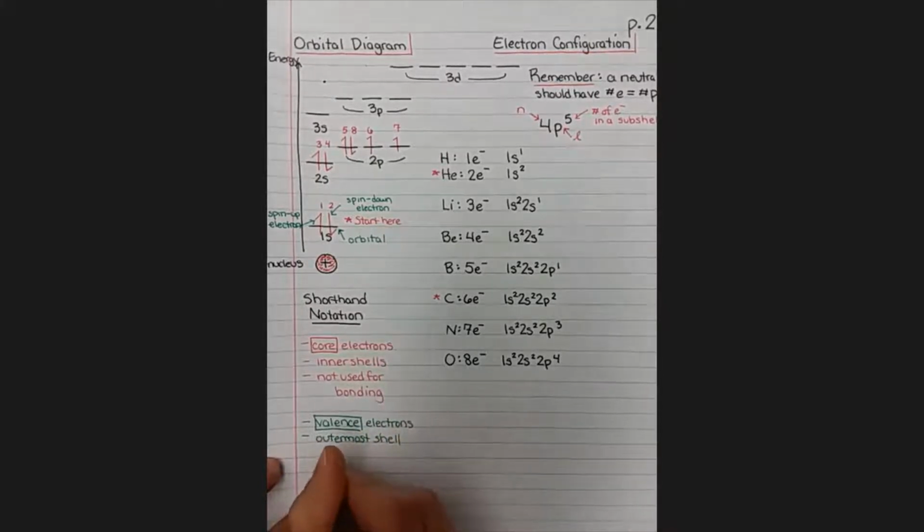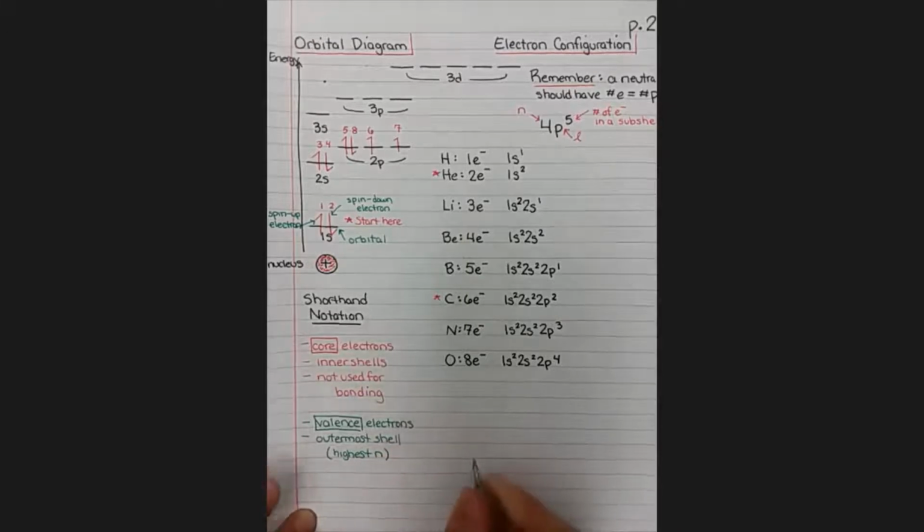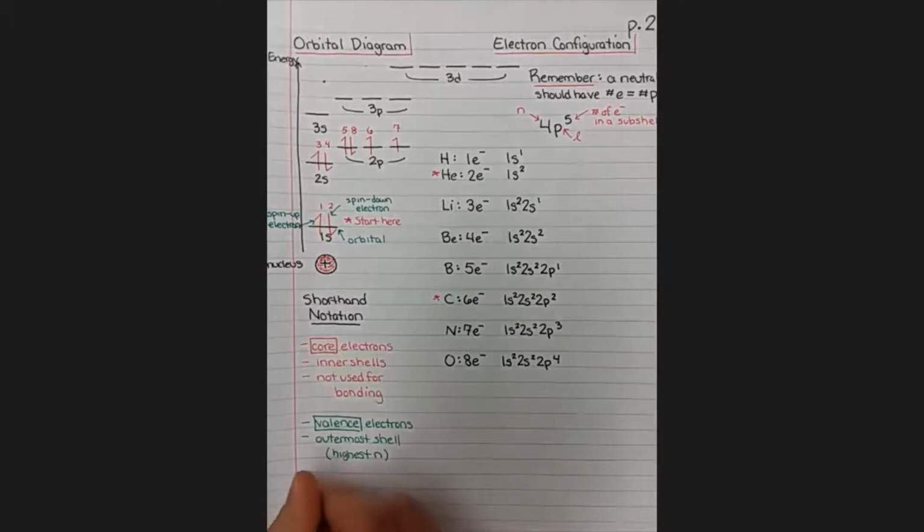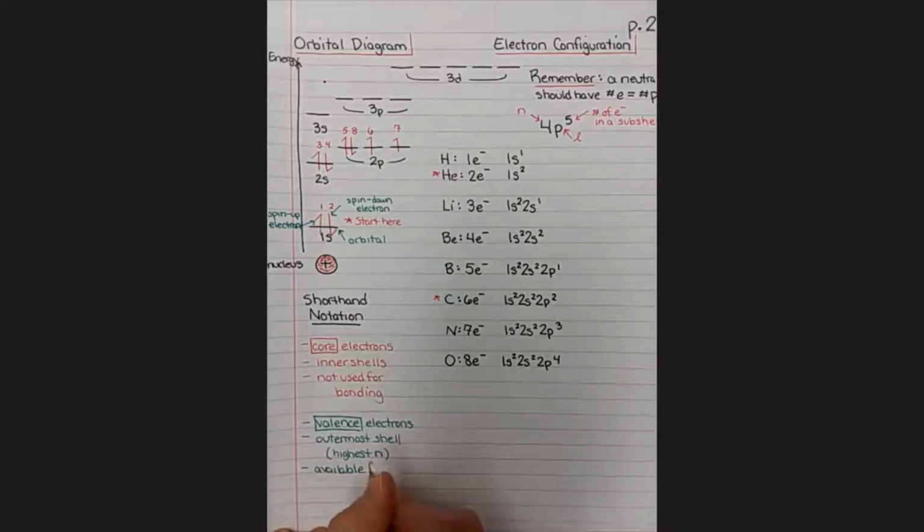Remember that the shell refers to the n, the principal quantum number. So all of the electrons in the highest occupied principal quantum number live in the outermost shell, and they're called valence electrons, and they are available for bonding.